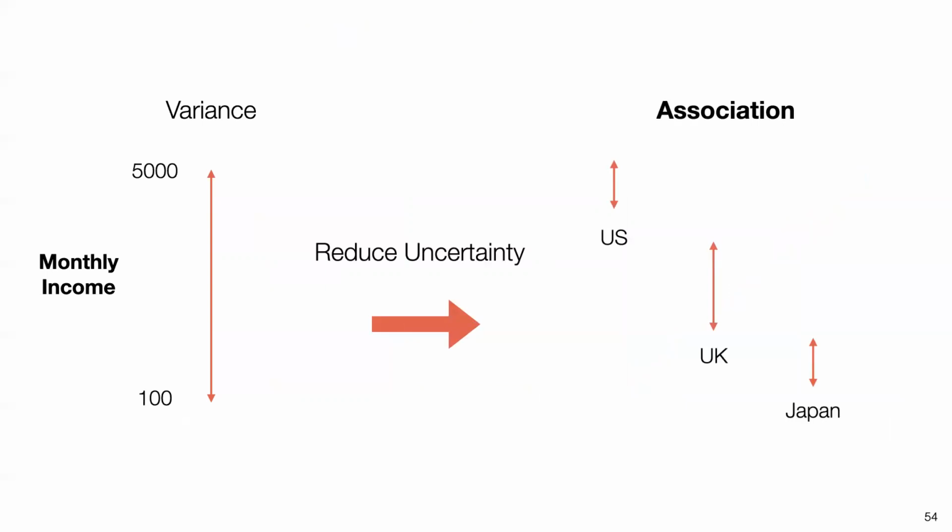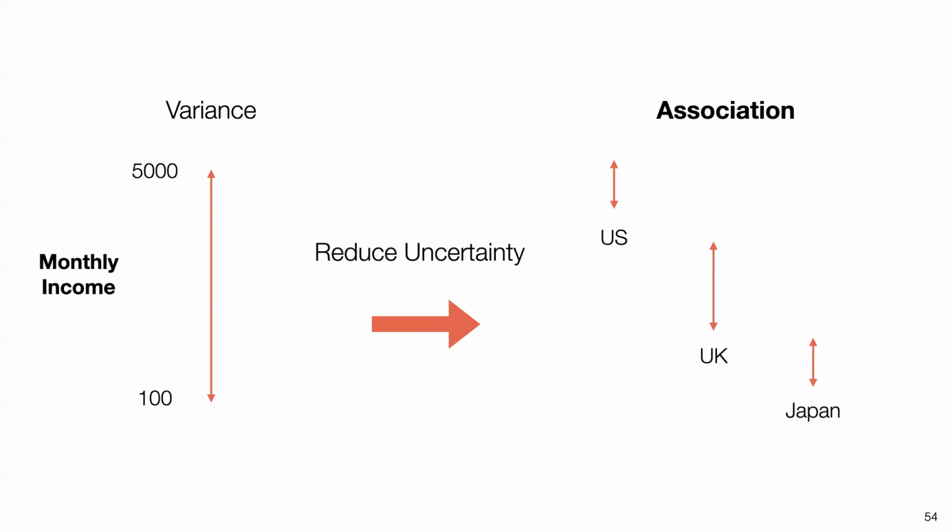And also the other association. Remember, the association is not only between a numerical and numerical. The association can also be between categorical and numerical, or categorical and categorical. So in this case, country. If you are coming from the US, then you can expect how much you are going to get paid, right?